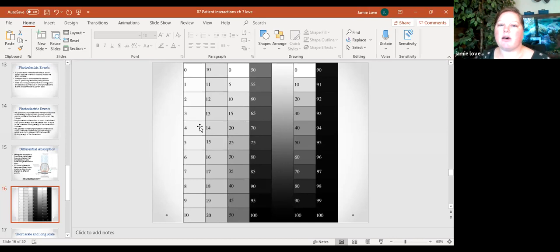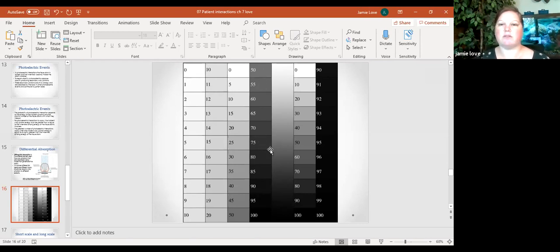When you have high contrast, we call that short scale, because the scale is short. Not a lot of differences between them, short scale. When you have close to the same ranges and it's hard to tell a difference, we call that long scale. So short scale is considered high contrast and long scale is low contrast.